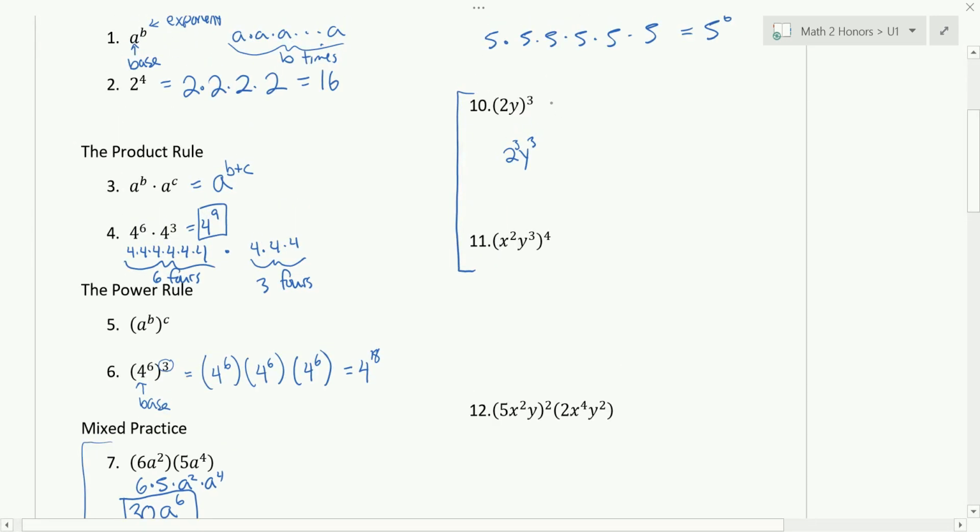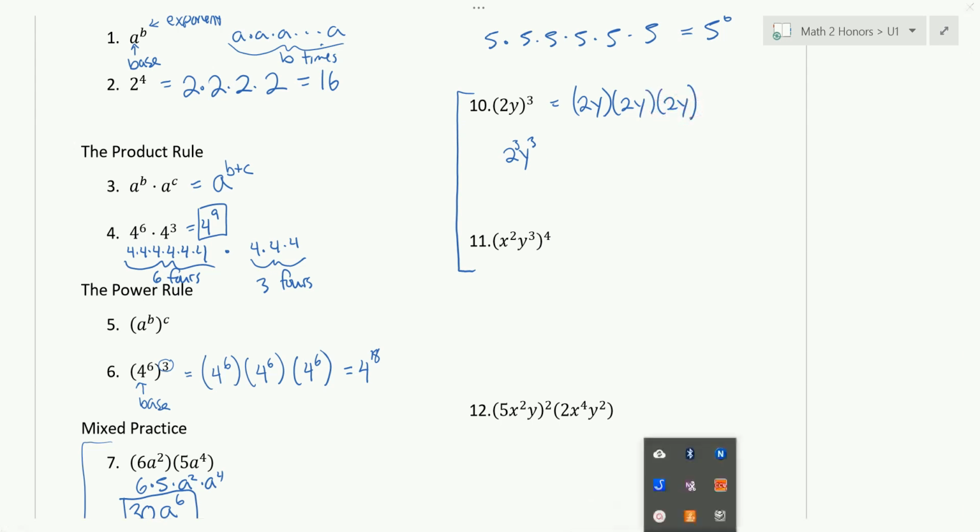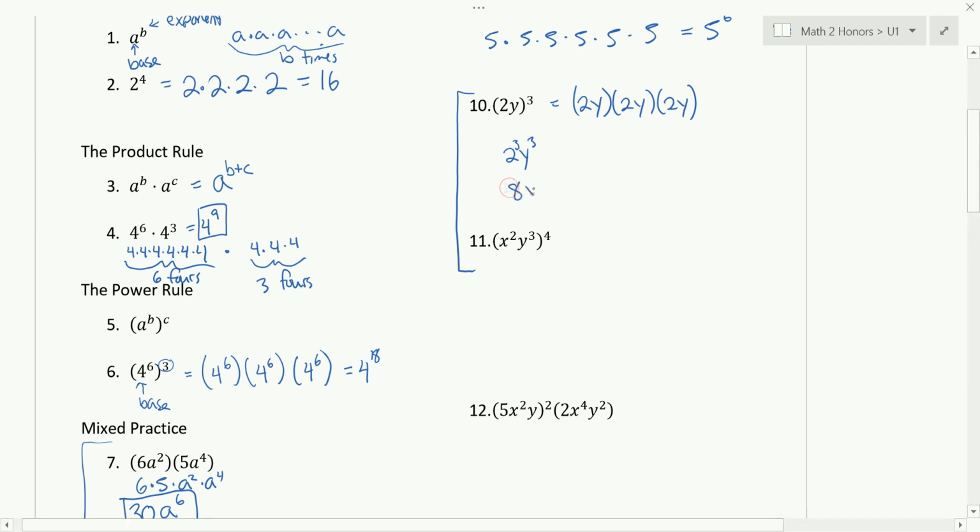Because this means 2y times 2y times 2y, right? And so the answer should be 8y to the 3rd. Because 2 to the 3rd is not 6, right? It's 2 times 2 times 2, which is 8.